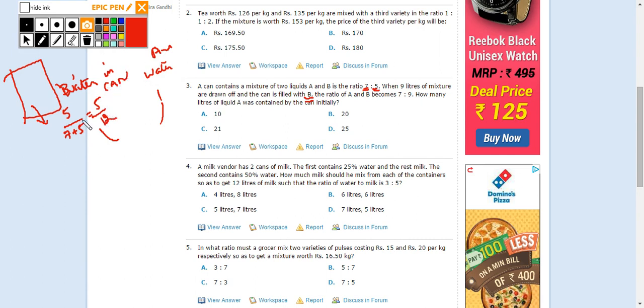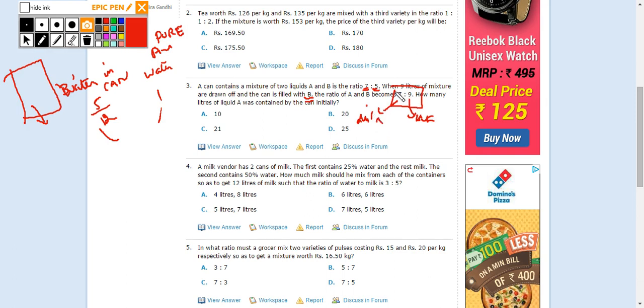So 5 by 12 parts of water in can is mixed with pure water, and the resultant mixture I'm getting is 7:9. This is water, this is milk.